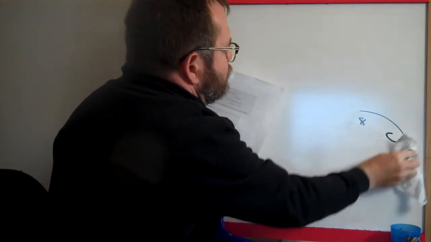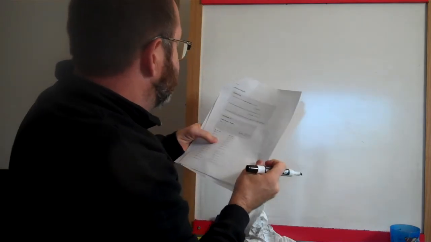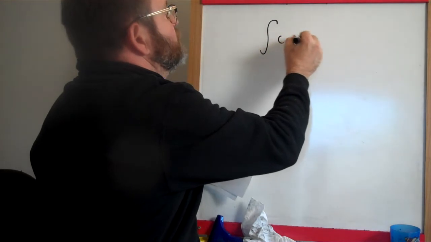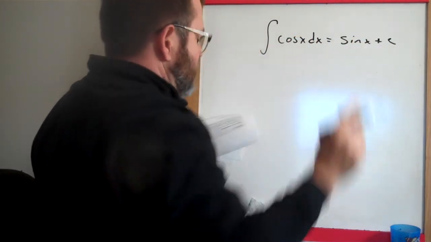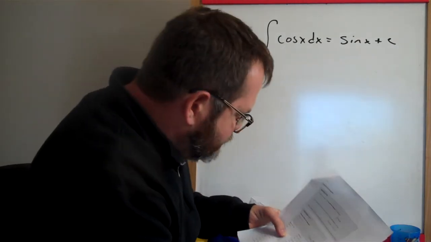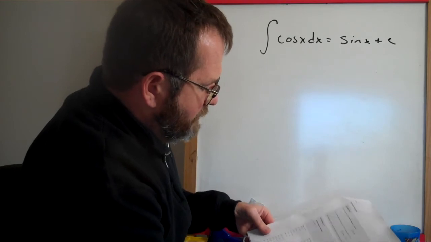That's mostly that second column of that sheet right there. But for example, that shows that the indefinite integral of the cosine of x dx will always be equal to the sine of x plus c. There's a bazillion of those, well, like 10 of those right there. That'll be useful for you in your homework here.